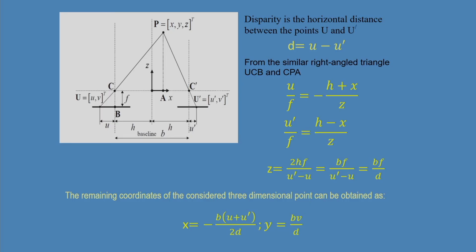Now, I am defining a term called disparity. Disparity is the difference in the horizontal direction between the points u and u dash, so that is u minus u dash. In this diagram you can see similar right angle triangles. One is this triangle, the UCB, and another triangle is CPA.